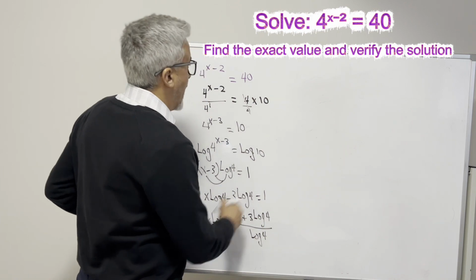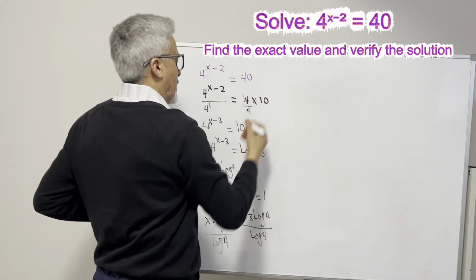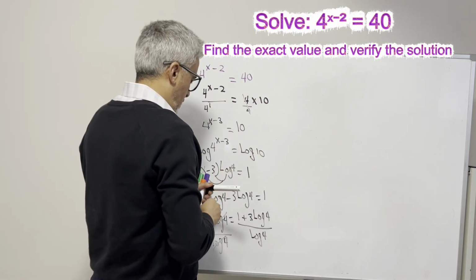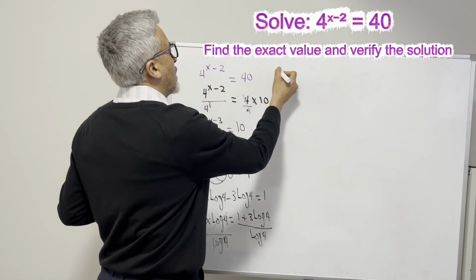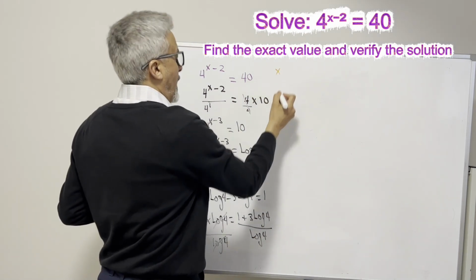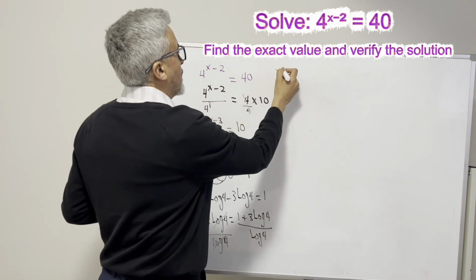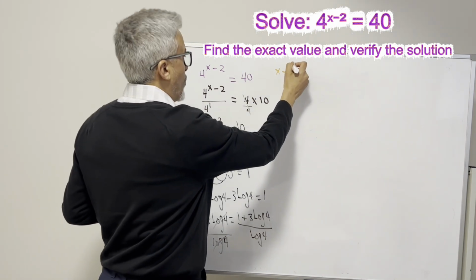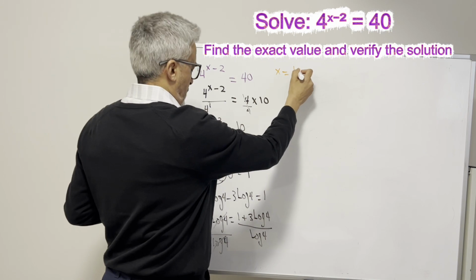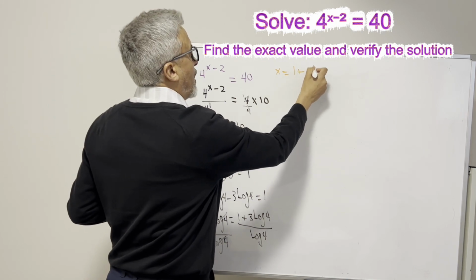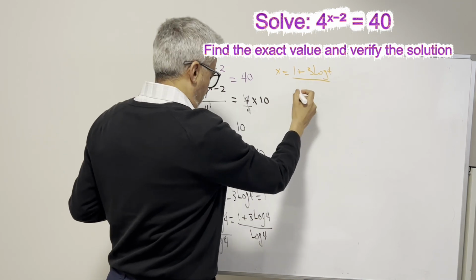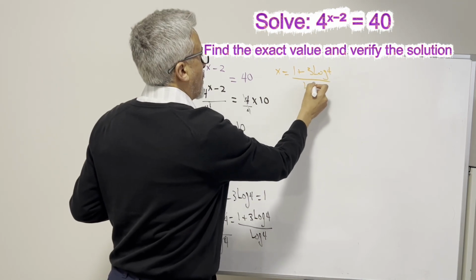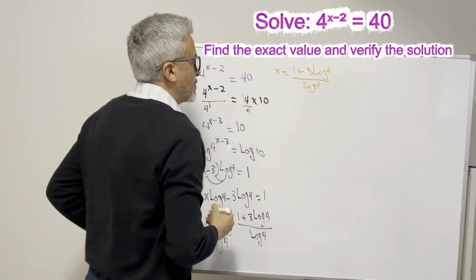And now we'll end up having x equals 1 plus 3 log 4 all over log 4.